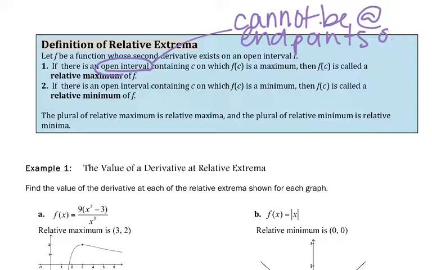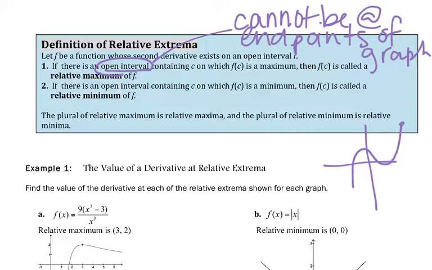Endpoints of the graph. So for example, if I have something that looks like this, and there are clear endpoints here, this endpoint is an absolute min, but it is not a local or relative min because it's at an endpoint.